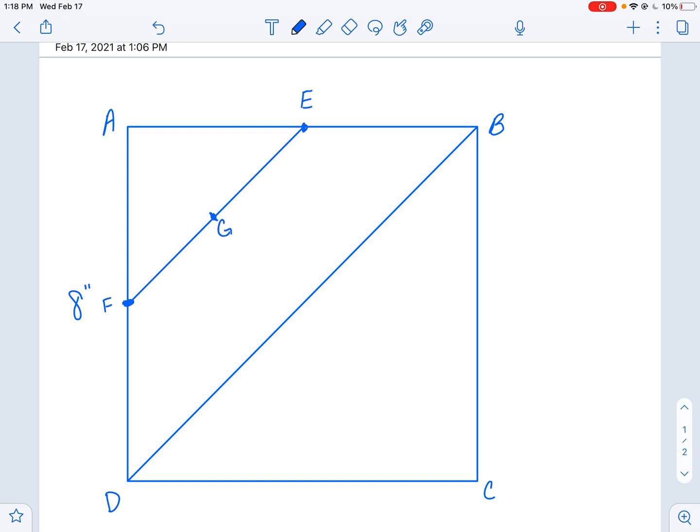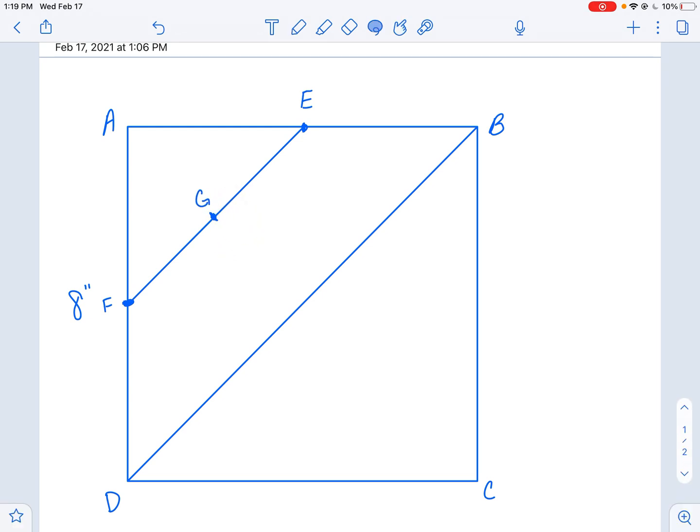So that's point G. Alright, so we've got ABCD, we found BD, and then we found the midpoints of AB and AD. We labeled those, we drew a line segment between them. We found the midpoint of EF, labeled it G. And now I'm going to draw CG.